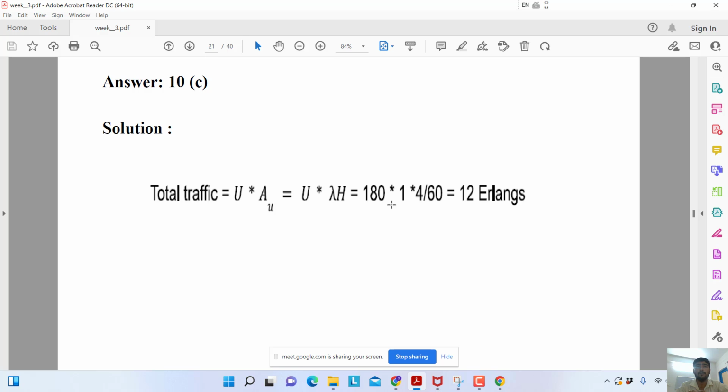So we will multiply 180 with this term. 180 by 60 comes to 3. So the answer will be 12. Guys, is the question clear? That is the traffic per user, and we just multiply by the total number of users.